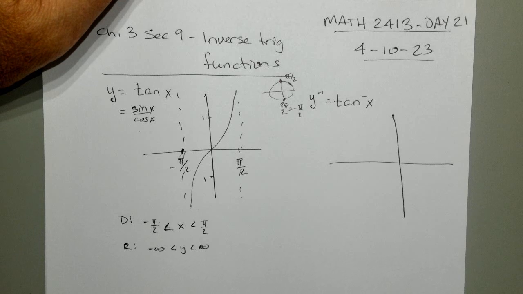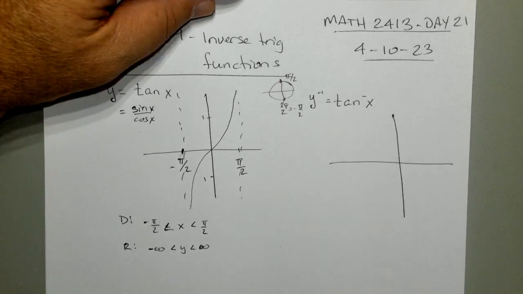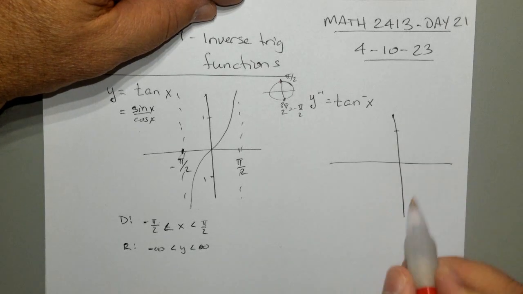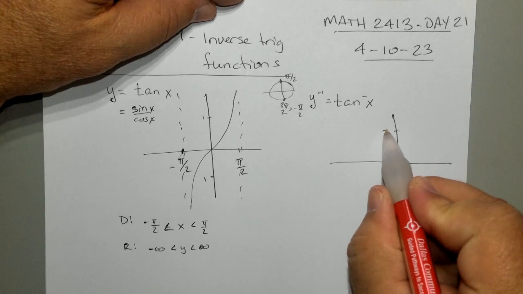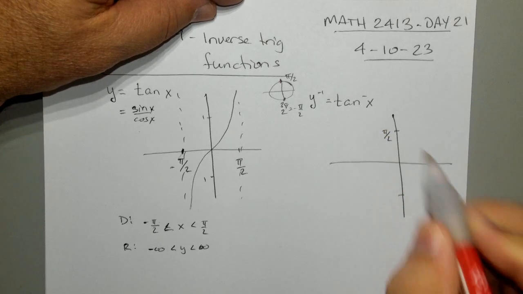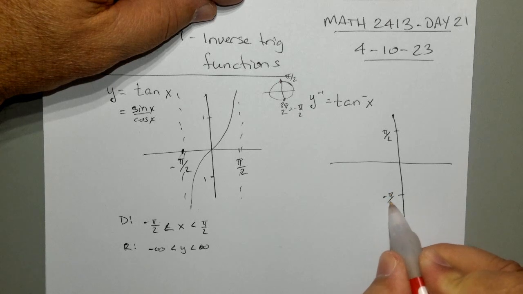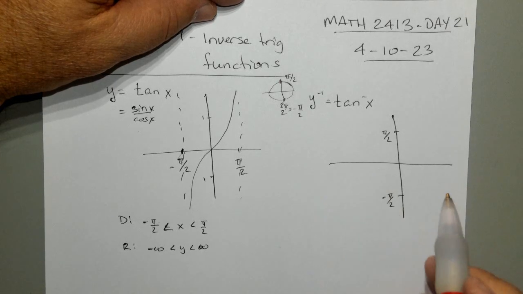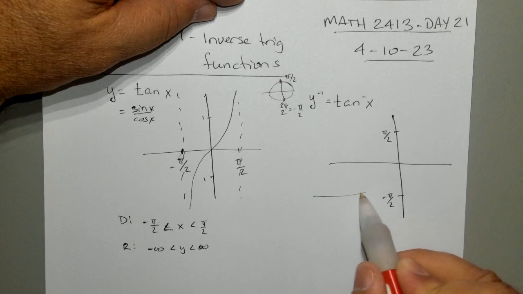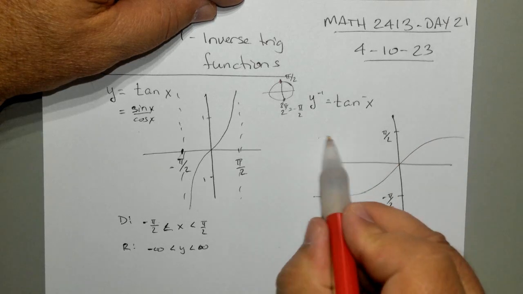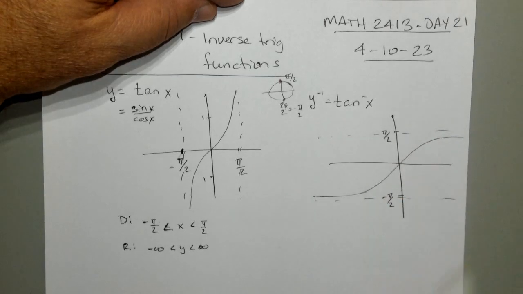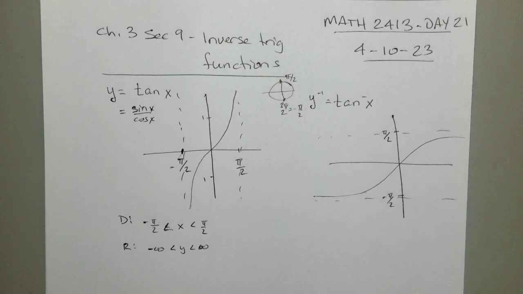It flips across the y equals x axis. So basically what happens is your values change. Your x becomes the y and y becomes the x. So your asymptotes are here, and there's your inverse function.